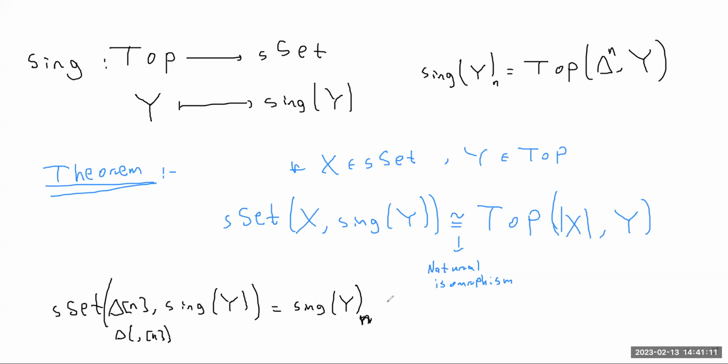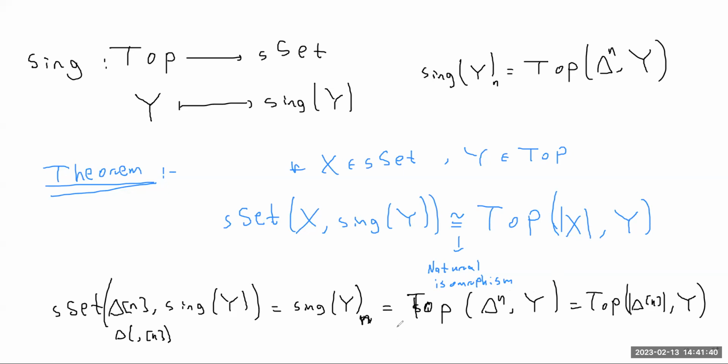And this is the definition of a map in topological spaces from delta n to y, but this is exactly the realization of delta n.